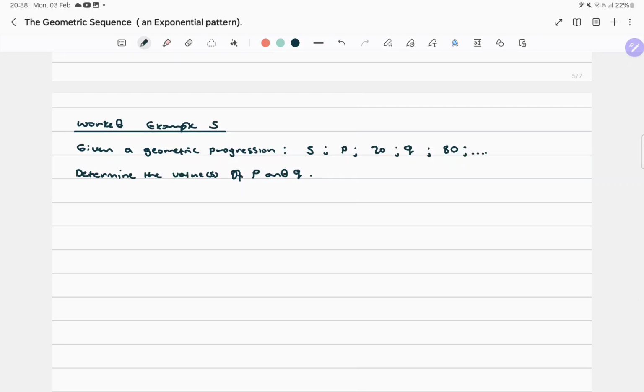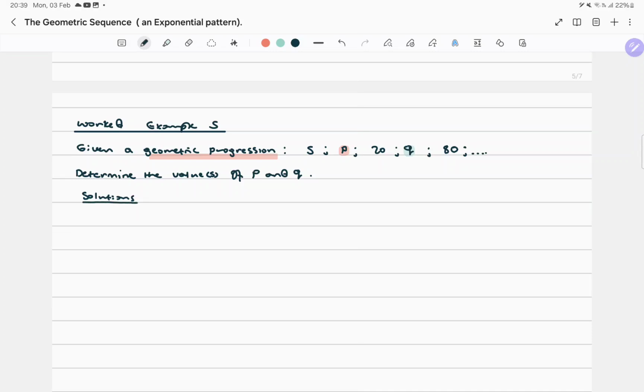Now, given a geometric progression, again, we have the identity of what this is. We need to find the value or values of P and Q. So there is P and there is Q. So if this is a geometric progression, what are we going to do?